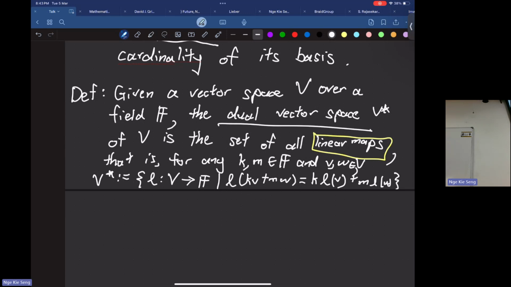Actually, these two things are vector spaces. You can think of F as a vector space over itself, like R is a vector space over R. Does that make sense?